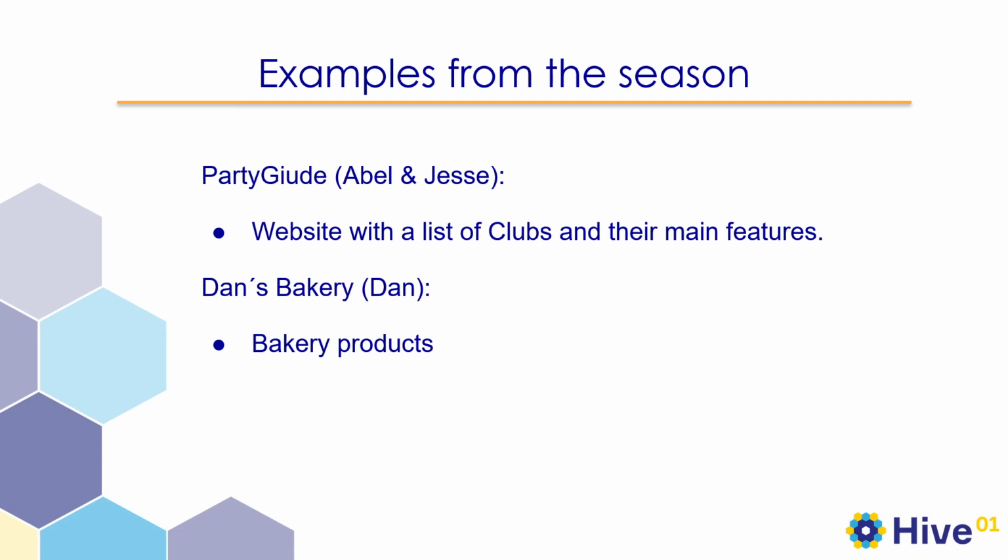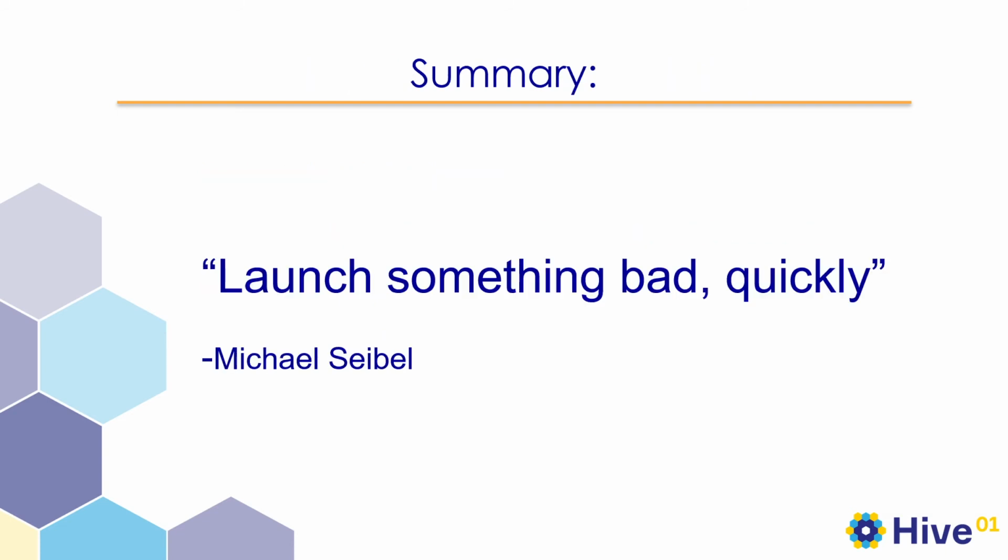It's the most condensed version of what you need. And to come back to the earlier quote, launch something bad quickly. This is where I got it from. Michael Siebel. He's the founder of Q7, I think they're called. They're also a startup accelerator, but focused on San Francisco and the greater California region.